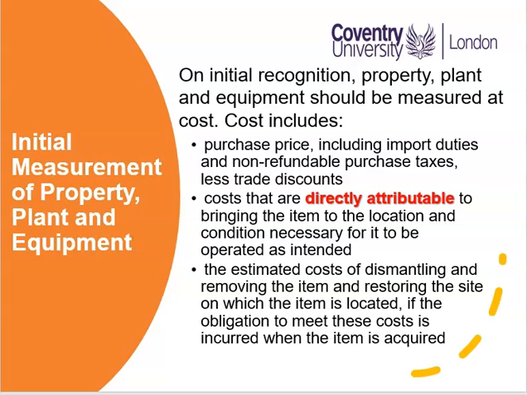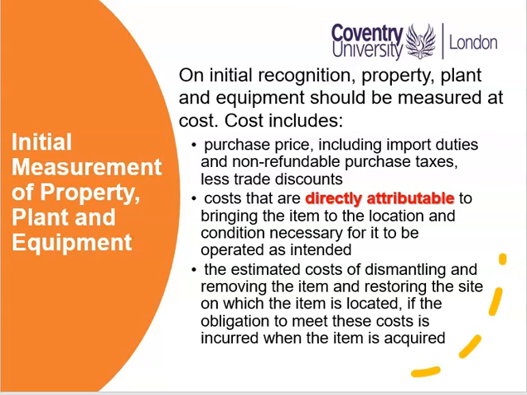The second component of cost are directly attributable costs. These are costs which are directly attributable to bringing the item to the location and condition necessary for it to be operated as intended. We will look at this shortly. The third item is the estimated cost of dismantling and removing the item and restoring the site on which the item is located.